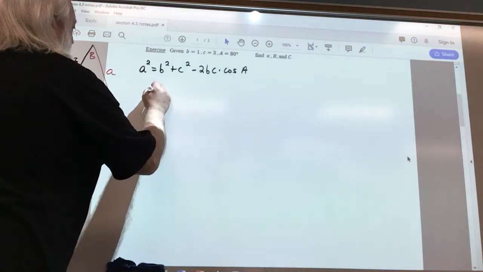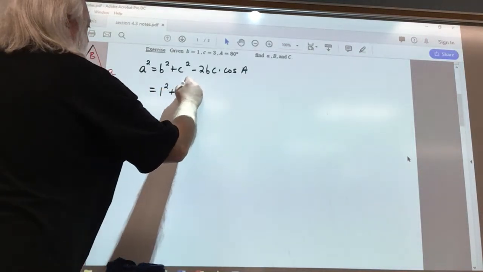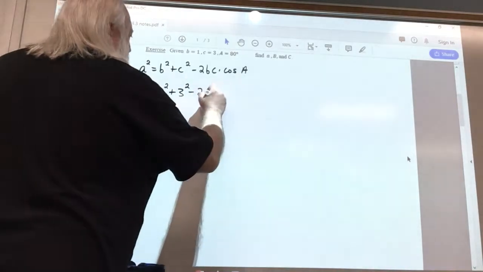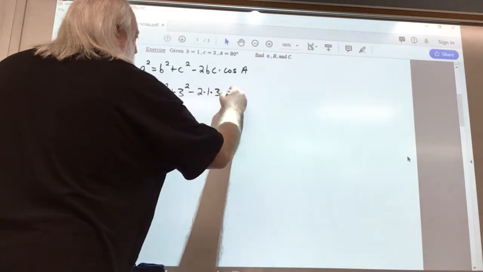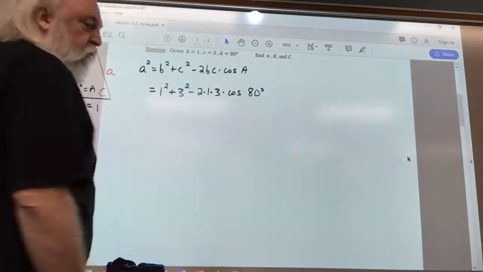So we have B squared is 1 squared, C squared is 3 squared, then 2 times B times C is 2 times 1 times 3, and then we multiply that by the cosine of 80 degrees.